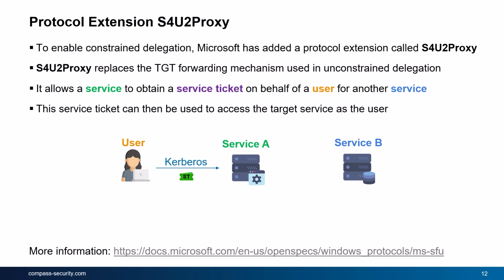And service A can then invoke the S4U2Proxy extension, which allows it to essentially trade in the service ticket of the user for a service ticket that is issued towards the target service. And with that service ticket, it will then be able to access the backend service in the name of the user.